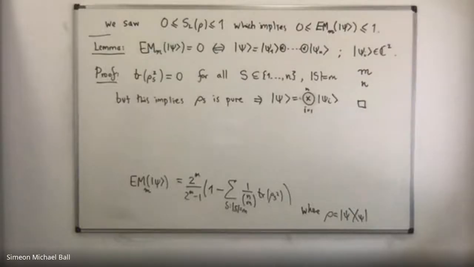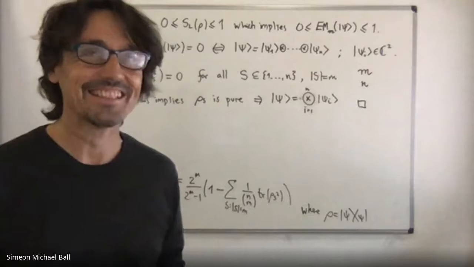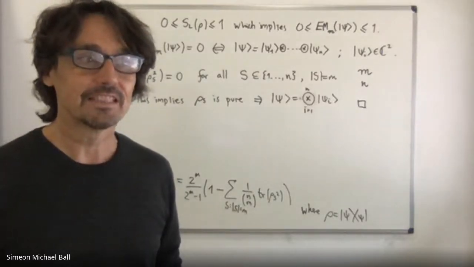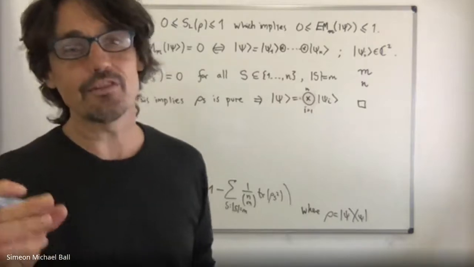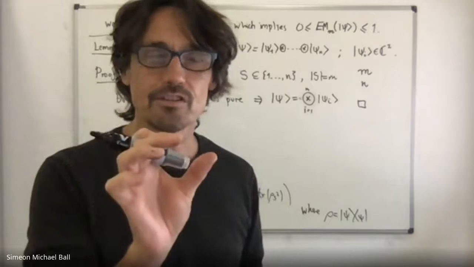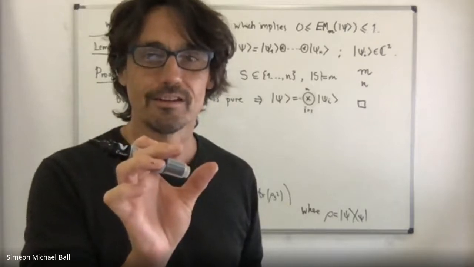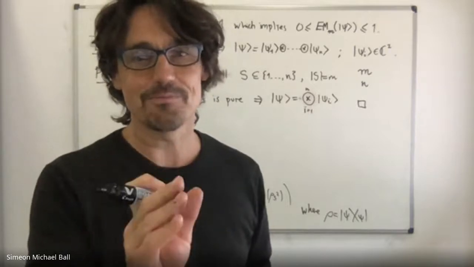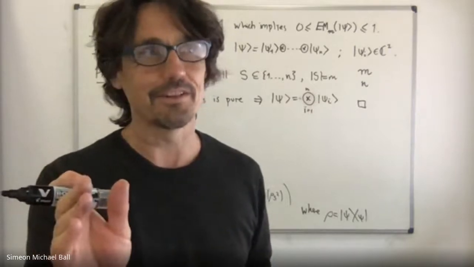Well, I mean, it's kind of obvious. Think if you've got a 3-state, and all the 2-state reductions are pure, then it's just something tensor something tensor something, right?